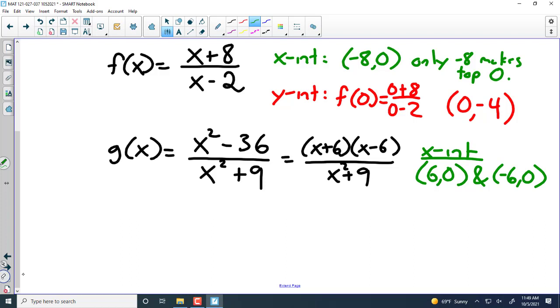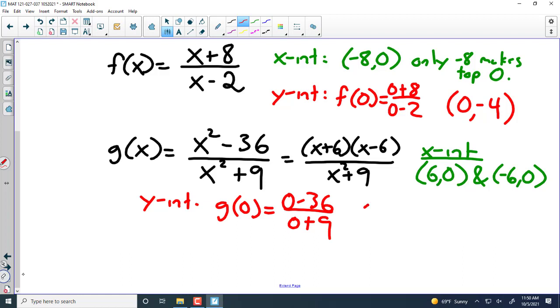To find the y-intercept, plug in 0 for every x. And what do you get? It's not always negative 4, but you do get negative 4 again. A lot to remember, I know.